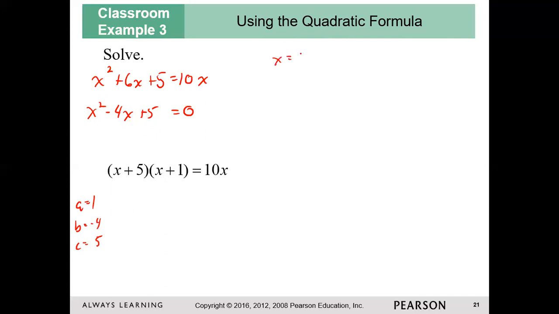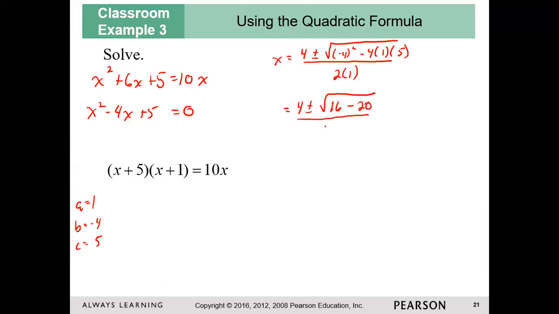So x equals the opposite of b plus or minus the square root of b squared minus 4ac over 2a. So again, we start to just simplify what we have. So this is 16 minus 20 over 2, which is 4 plus or minus the square root of negative 4 over 2.